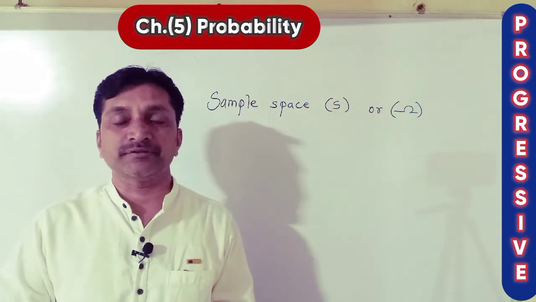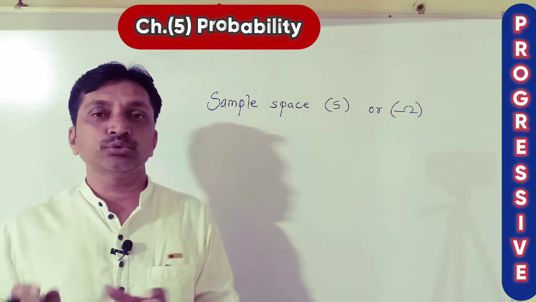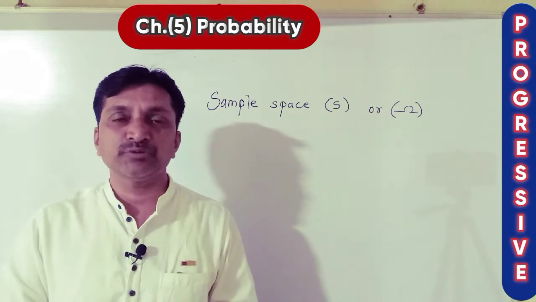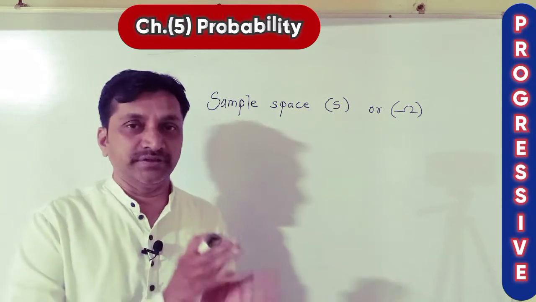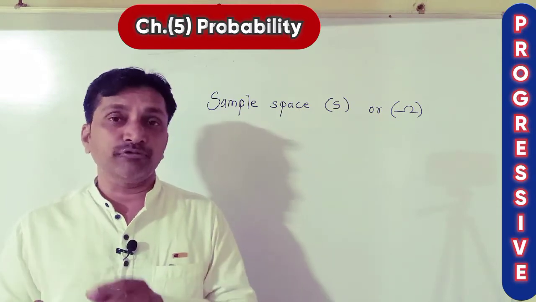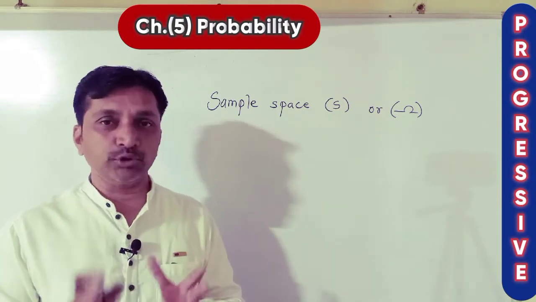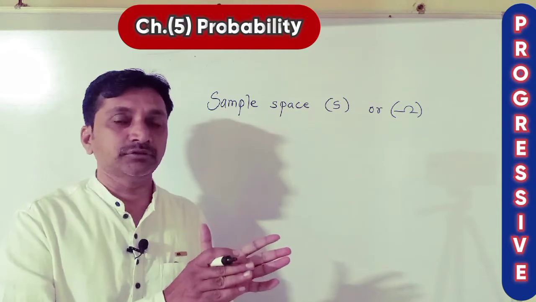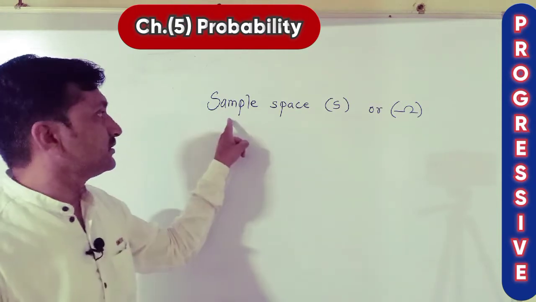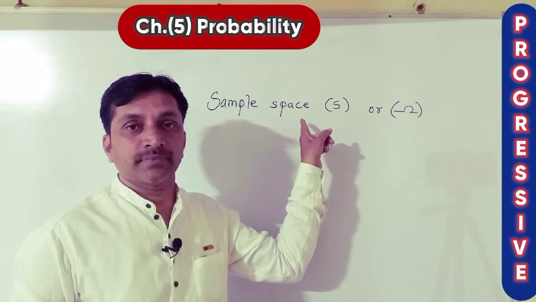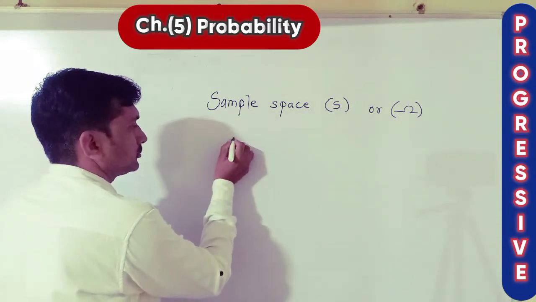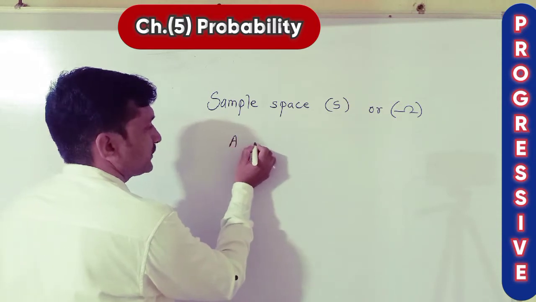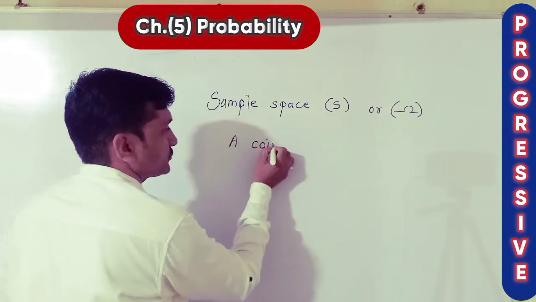What is sample space? When we do any random experiment, we write some possibilities, and the set of all possible outcomes is represented by sample space. For example, a coin is tossed.